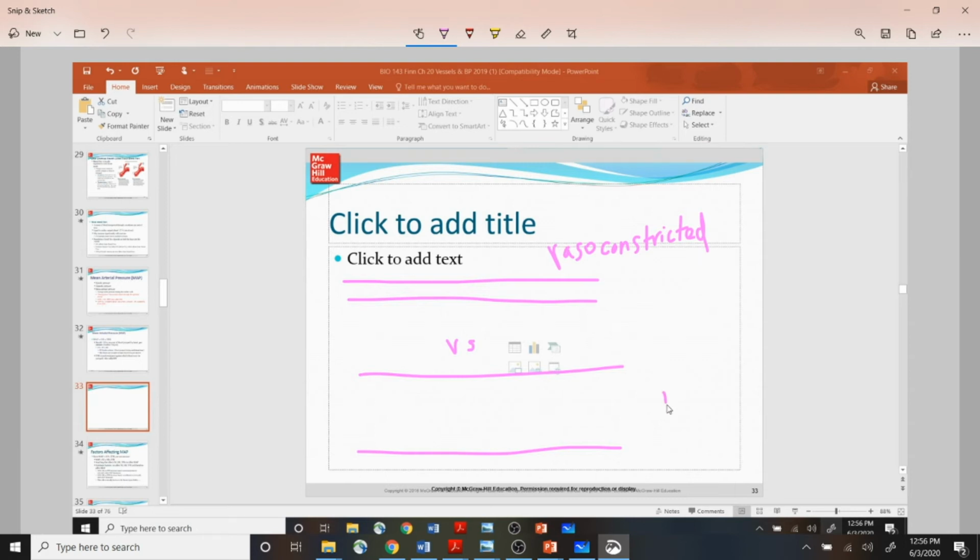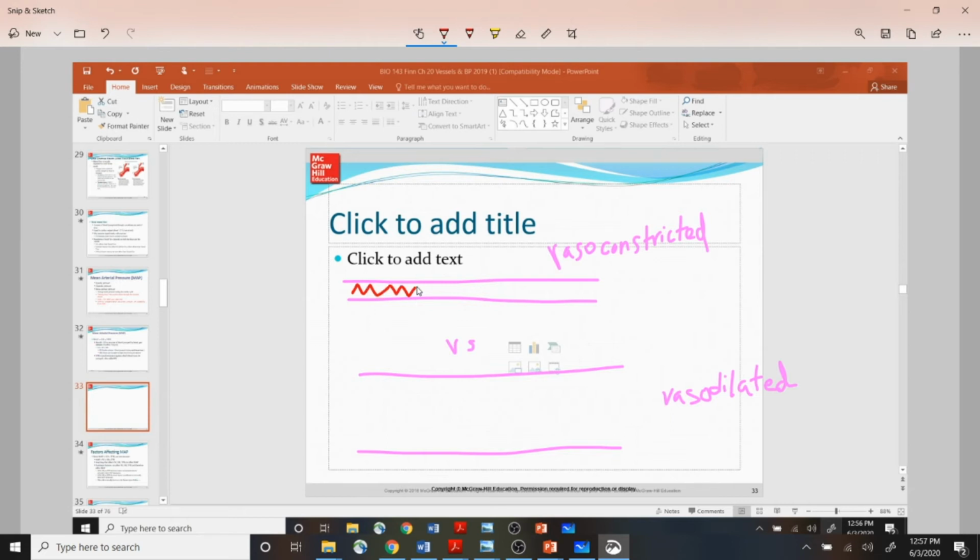So at the level of blood vessels is where we're thinking about total peripheral resistance. If you imagine blood flowing along this blood vessel, it's going to hit the sides of its container a little bit more.